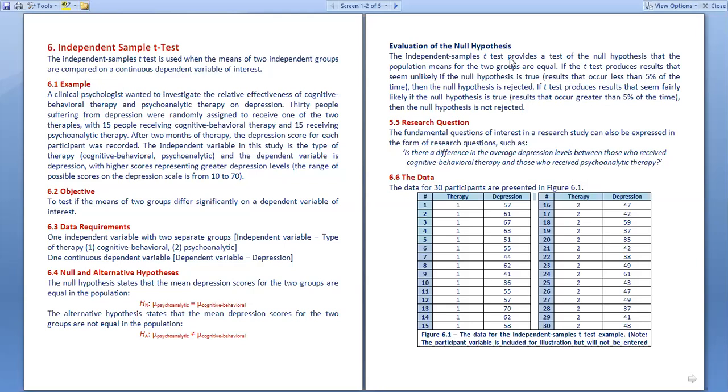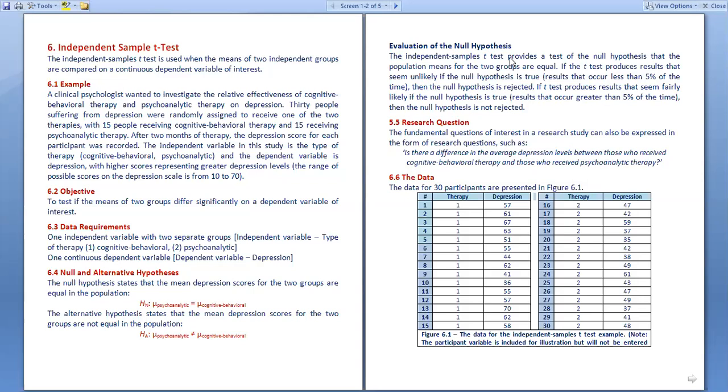I again repeat. Here we have got a case of people having depression. And we are seeing how the effectiveness of cognitive behavioral therapy and psychoanalytic therapy on depression is taking place. So two types of therapies we are using: cognitive behavioral therapy, which we can call 1, and psychoanalytic therapy, which we can call 2. So we have got a sample of cognitive behavioral therapy, that is 1, and psychoanalytic therapy, that is 2.